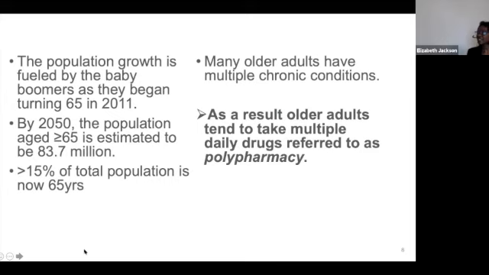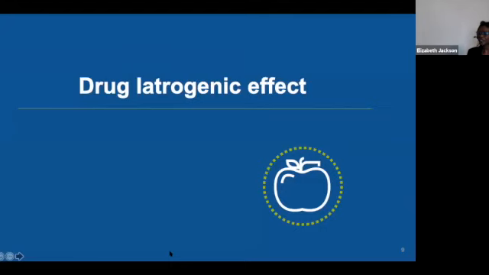And as a result of having multiple chronic conditions, they will also be taking multiple daily drugs, which is referred to as polypharmacy. Going on to the next slide, please. We're going to tie drug iatrogenic effects to polypharmacy.